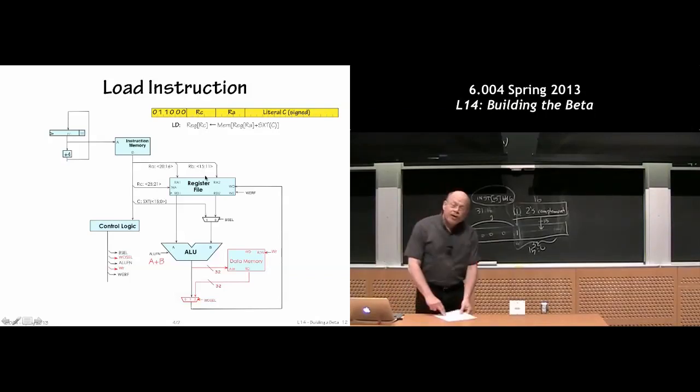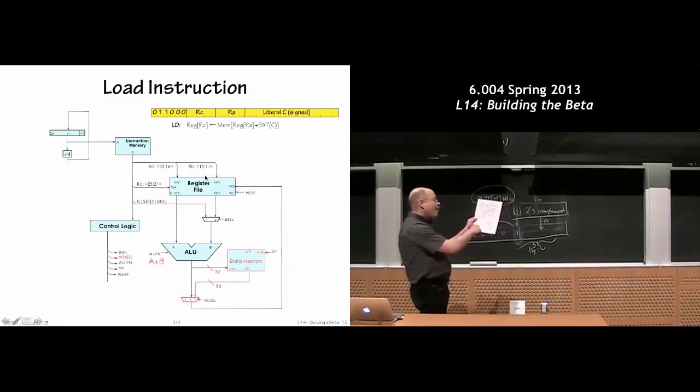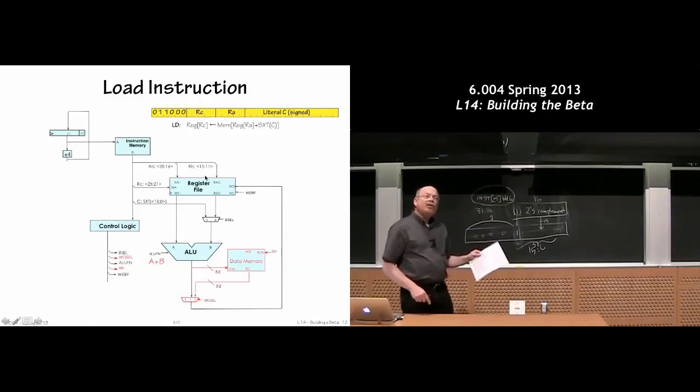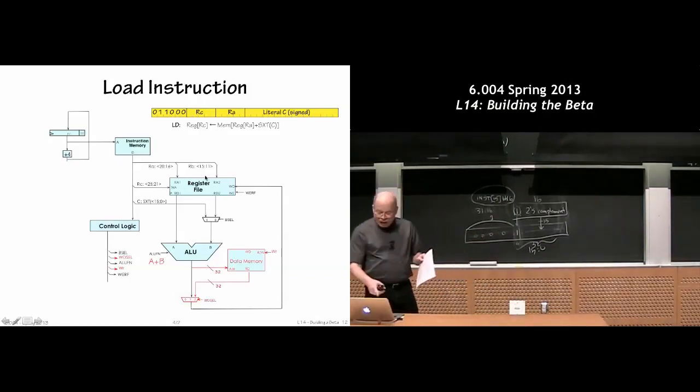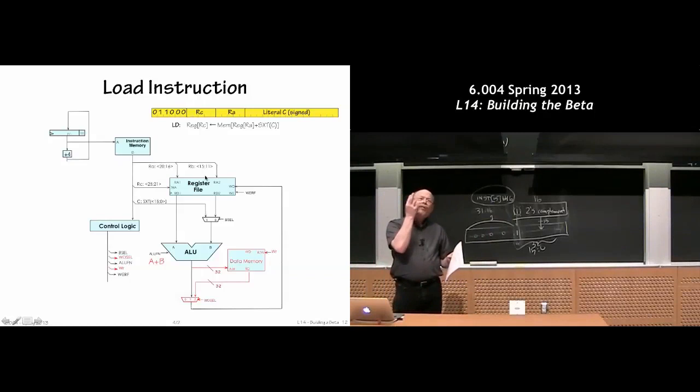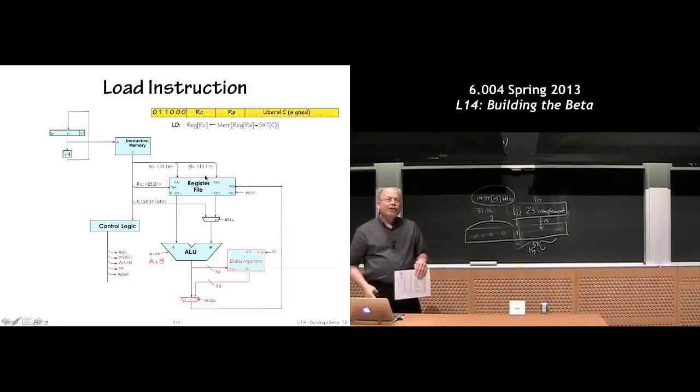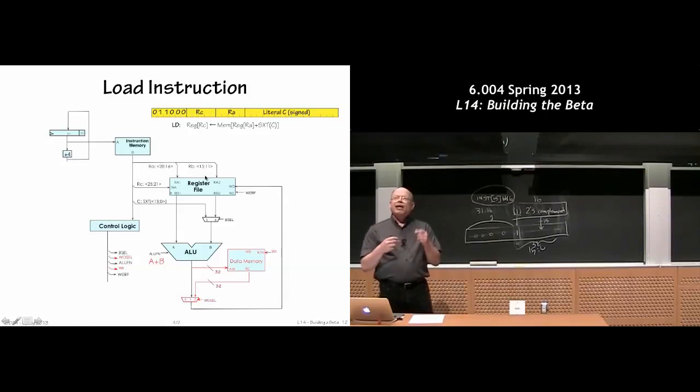If you look here in your control table, you'll see that we've added a new WD cell control line. The WD cell mux selects from one of three values. We haven't shown you where value 0 comes from, but when WD cell is 1, we're going to select the ALU output, and when WD cell is 2, we're going to select the data output of memory. Whichever one gets selected by the WD cell signal gets routed back into the register file.